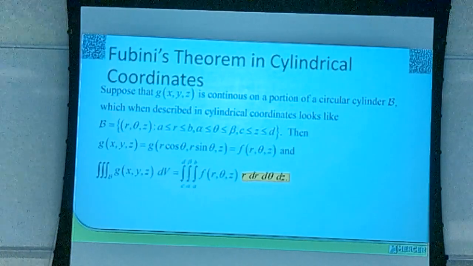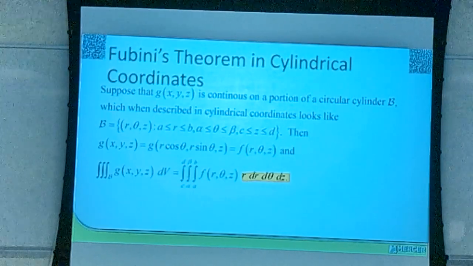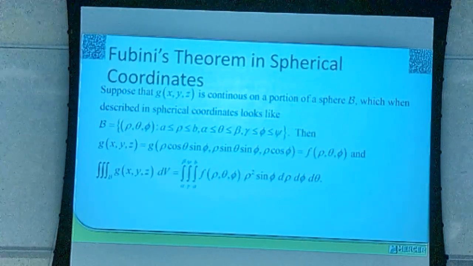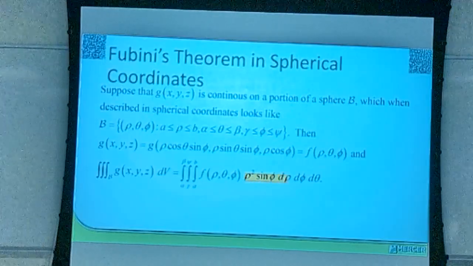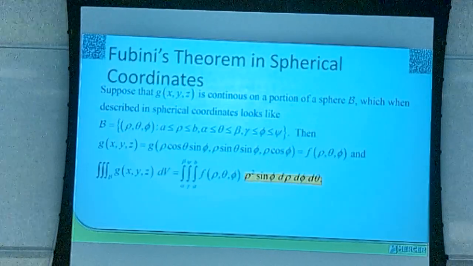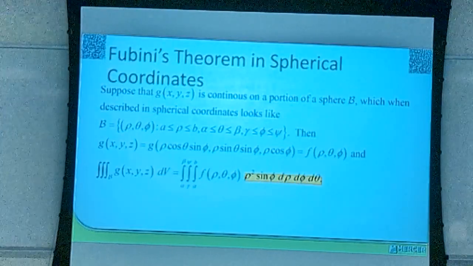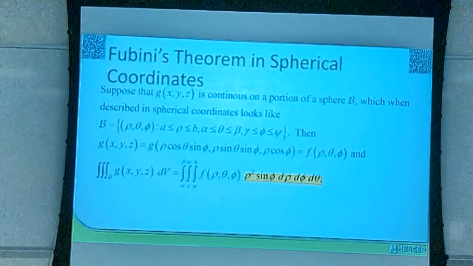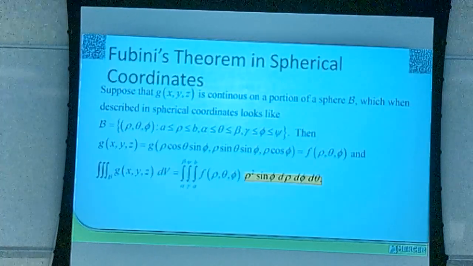Right, so dV becomes r dr d theta dz. And Fubini's theorem for spherical. Notice what dV becomes: rho squared sine phi d rho d phi d theta.